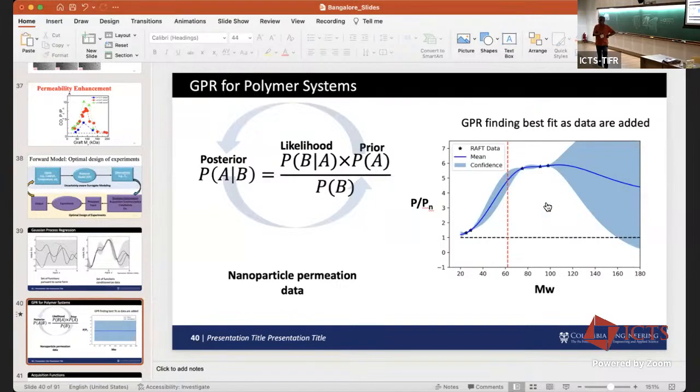I want to tell you how they did that. It uses this idea. Everybody seen that thing before? The equation on top? That's Bayes' theorem, right? So P of A is the probability that you start out by saying, what is the probability of different molecular weights giving me certain permeability? That's called the prior probability.